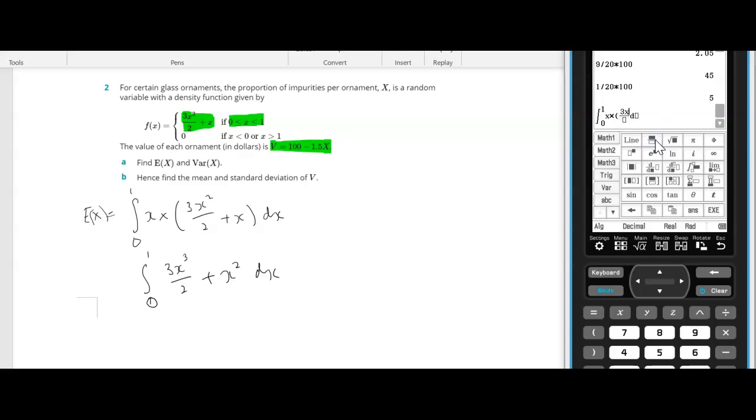So this is just doing the first line before I expanded it. But you can do whatever one. Just make sure I've got everything on there. So x times 3x squared over 2 plus x, beautiful. I'm going to keep that as an exact value, so I might just change that. So 17 over 24.